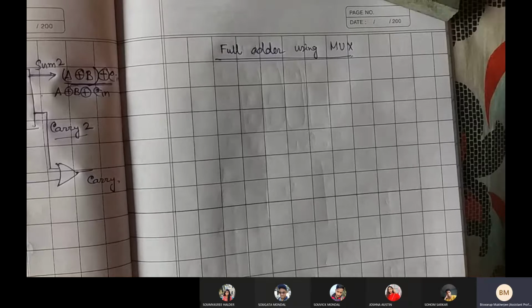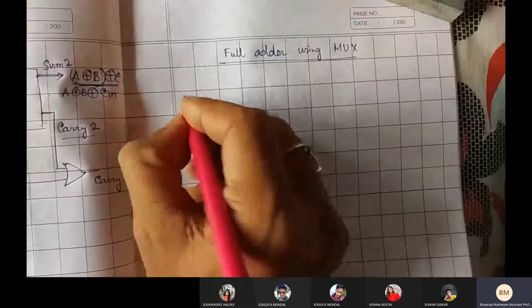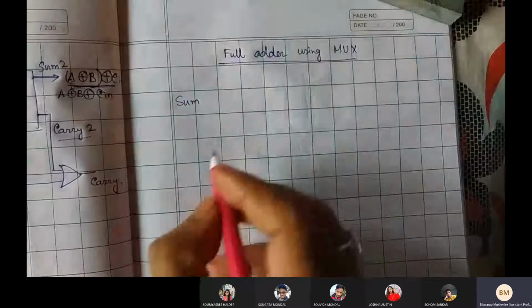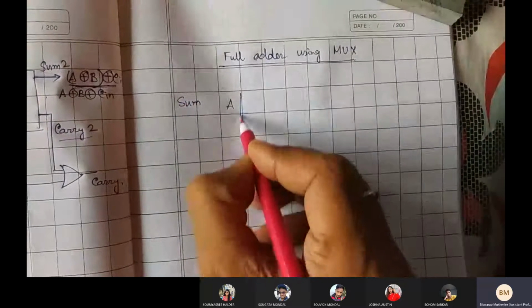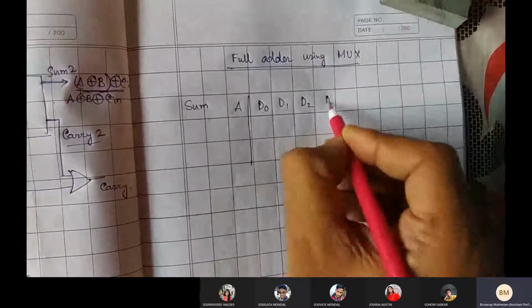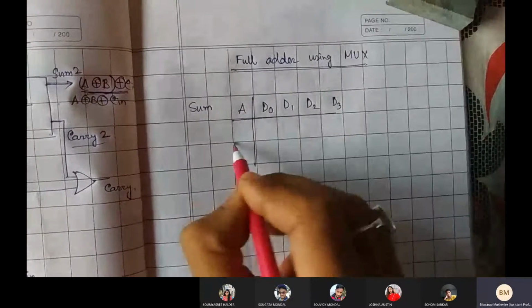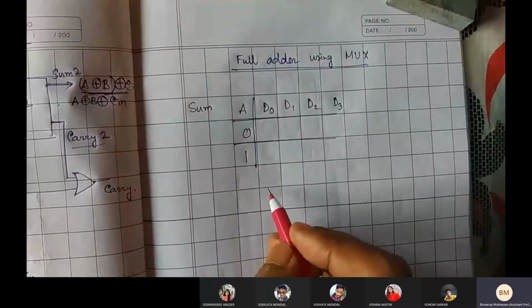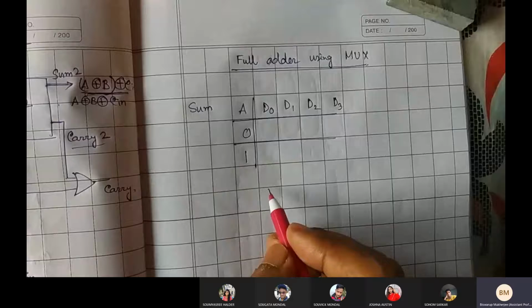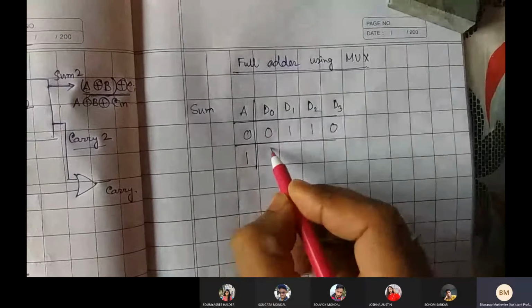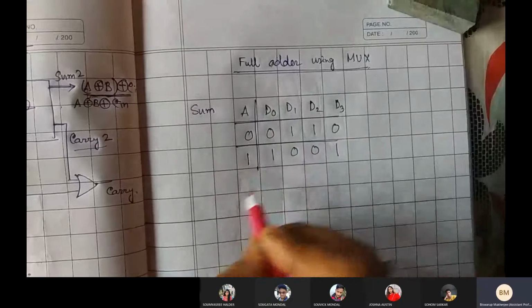So for using a 4:1 multiplexer, as you know, we need to take one table for sum, and let us have MSB A, then D0, D1, D2, D3. For A value 0 and 1, the truth table is something like this: 0, 1, 1, 0 followed by 1, 0, 0, 1, right?